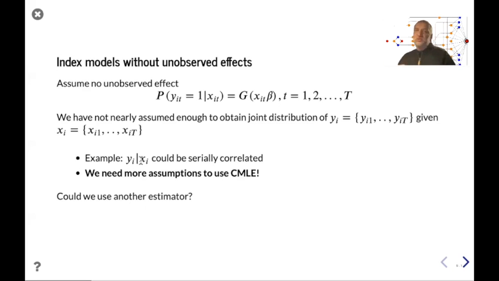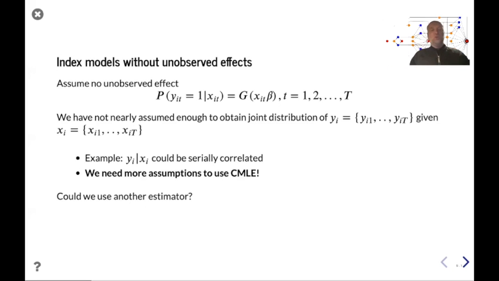If you think in terms of the latent variable model, where our model would be something like xit beta plus some error term vit, then that vit may be serially correlated over time, which would be very natural, right? If we looked at a model where we had ci plus some epsilon, ci would be part of that error term. If ci is constant over time, already there you have serial correlation.